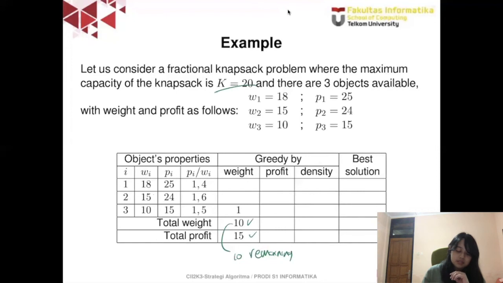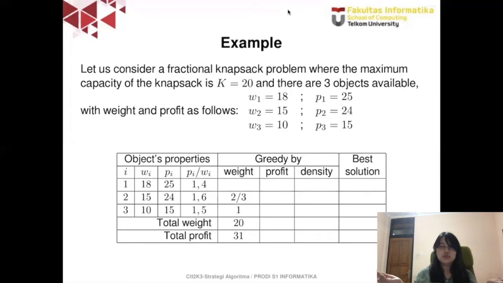The next lightest object is the second one, which has 15 unit weight, but we only have 10 unit weight remaining. So here, because we can divide the item, we can take 10 out of 15.